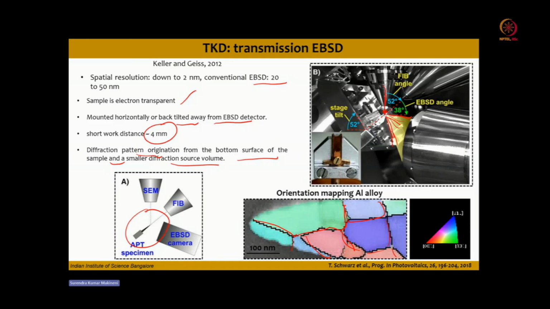For the thin foils, anyhow we are doing it in the TEM, but even in SEM we can do the transmission EBSD, where the electrons which are transmitted across the sample and inelastically scattered produce the Kikuchi pattern on the EBSD detector and can be used to get the orientation of the particular grain of the particular crystal structure.